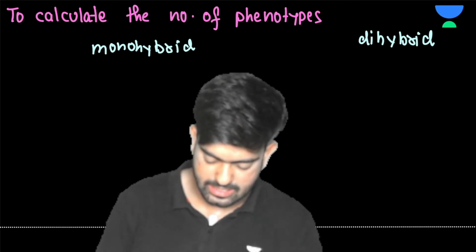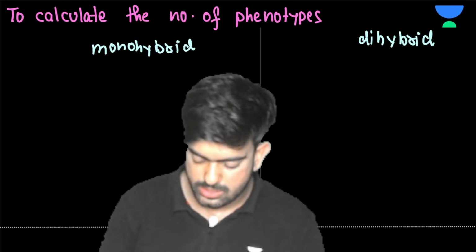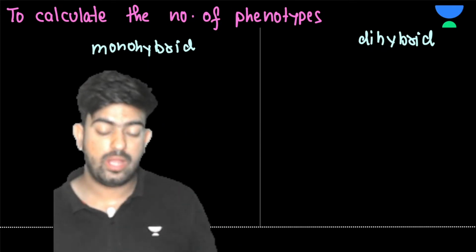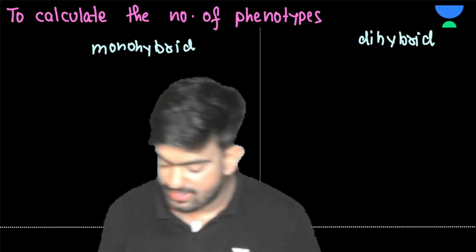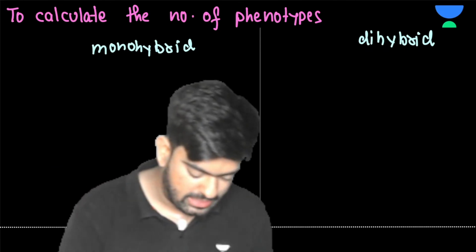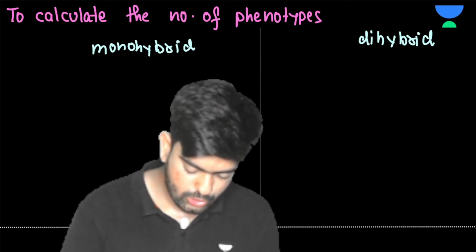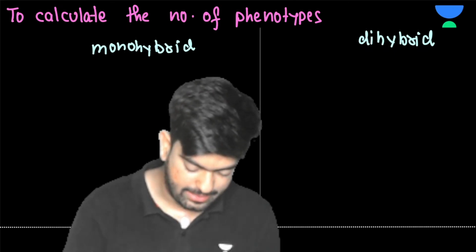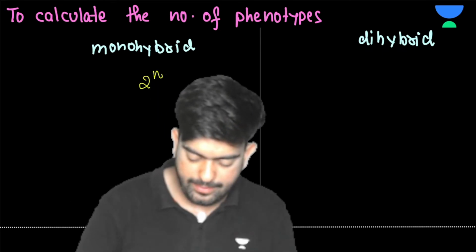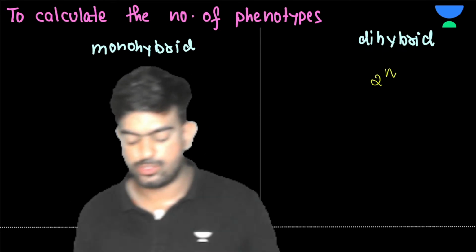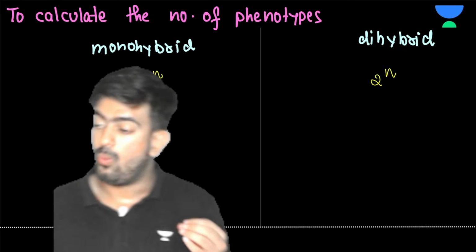Clear? Okay, great, sir. So in monohybrid we have a formula 2^n. In a similar manner, for dihybrid cross also we have the formula 2^n. Sir, what is n?